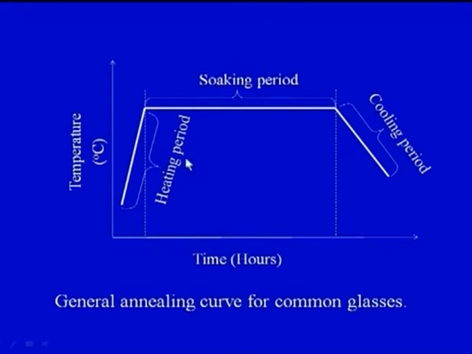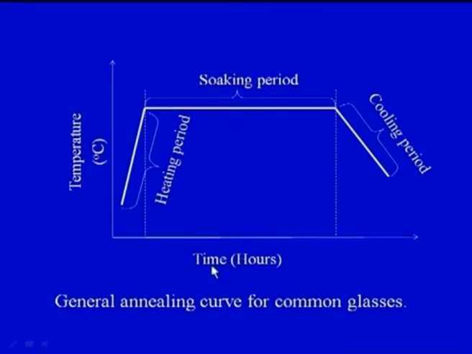First is the heating period, in which the temperature of the glass is increased, and finally it is kept at the same temperature for a long period of time, that is called the soaking period. Once the stresses have been relieved, it is cooled at a predetermined cooling rate. So, this is the general annealing curve for common glasses.